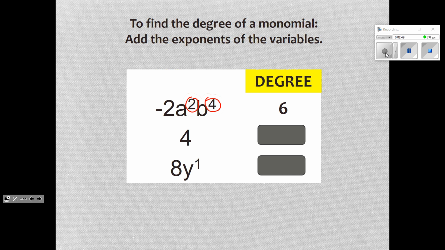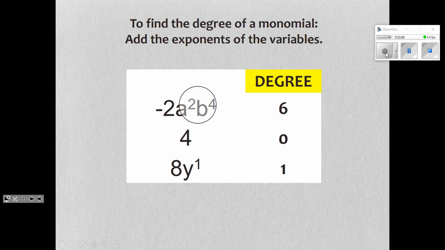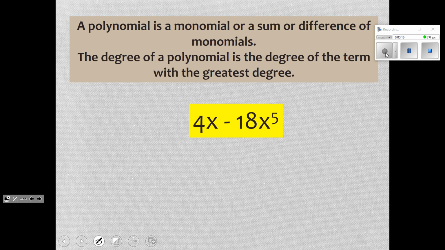In the next example, we have 4, but we do not have a variable. Without a variable, we cannot have an exponent on the variable, so the degree would be 0. In the next example, we have the variable y with an exponent of 1, so the degree is 1. So all you do is you find the variables and add together the exponents on those variables.